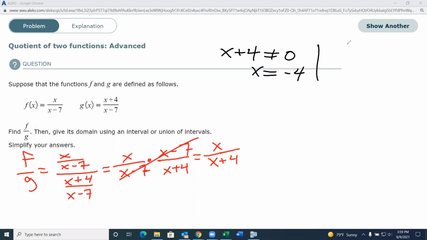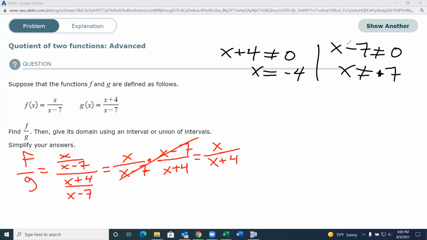But when you're dividing a function by another function, you can't just look at the final resultant function. You have to look at the original guys too and say, all right, are there going to be any problems back there at the beginning? Well, they have the same denominator and it's not x plus 4. And so, well, that denominator also cannot be 0. So x cannot be +7.